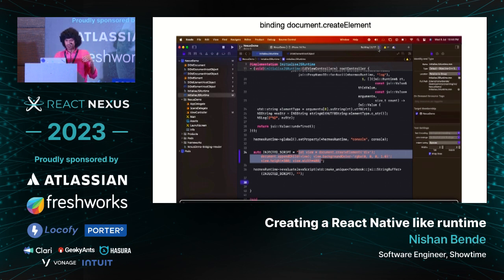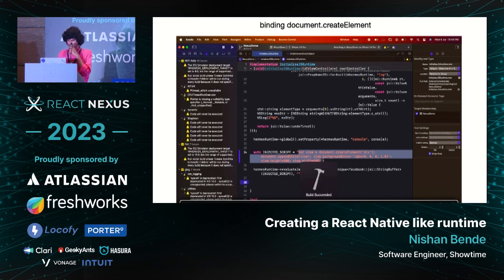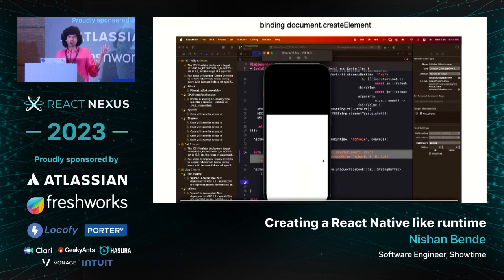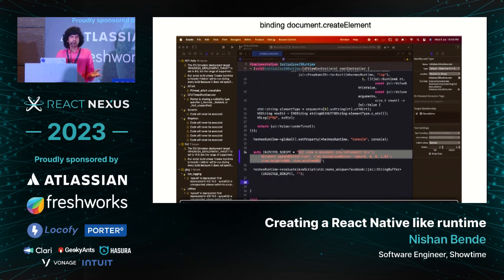It's creating a div, and after that it's appending, and then setting background color to black, and setting height and width. So ideally, if this works, we'll see a black rectangle on iOS screen. Okay, so yeah, this works, and we are able to create native view using JavaScript DOM-like APIs.